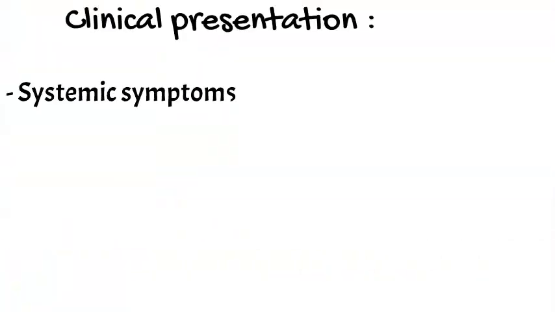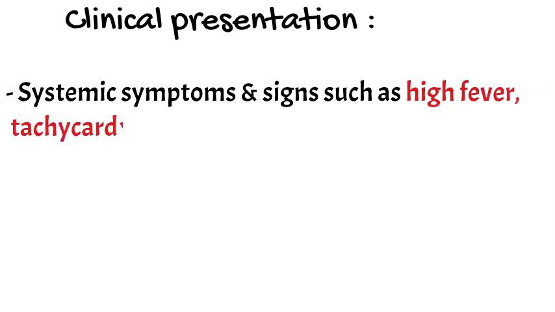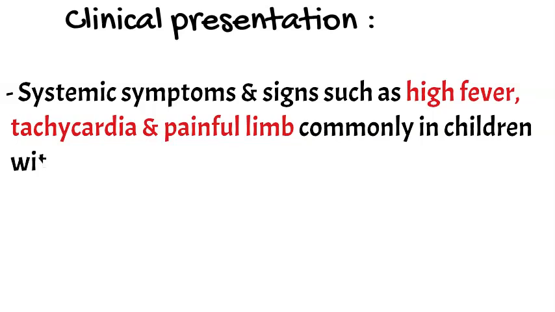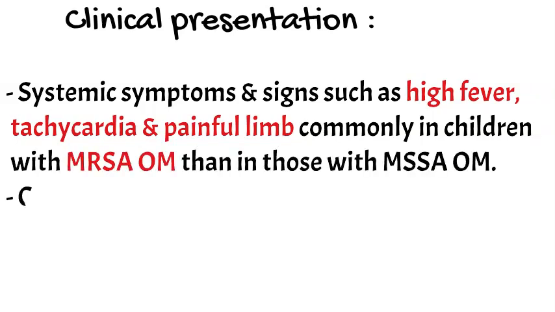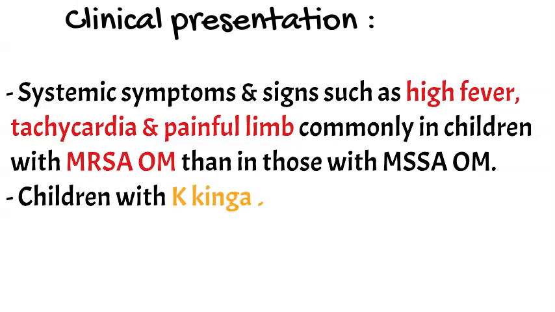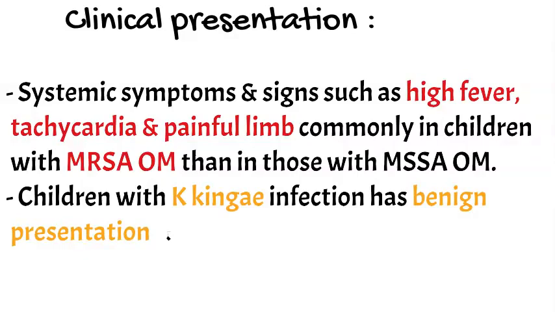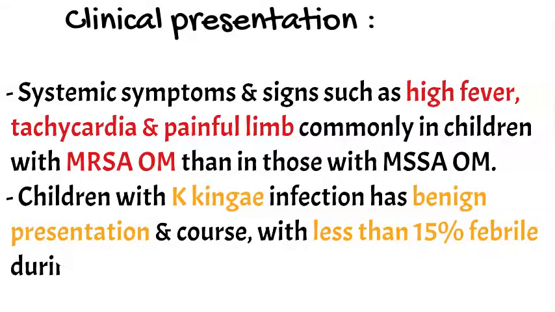Systemic symptoms and signs such as high fever, tachycardia, and painful limb are more common in children with methicillin-resistant Staph aureus osteomyelitis than in those with MSSA, methicillin-sensitive Staph aureus osteomyelitis.